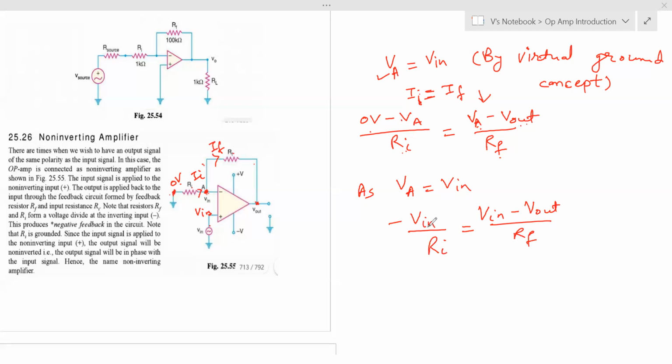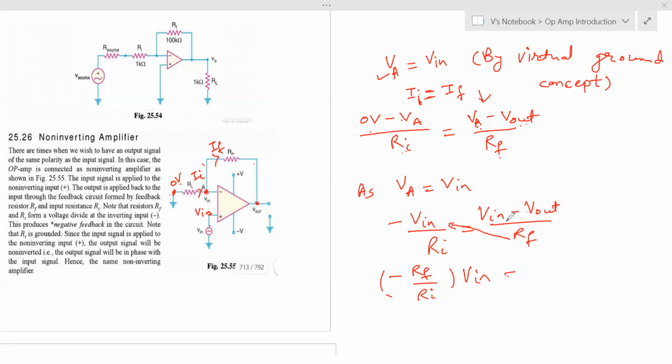We have to bring it together and see what we are getting. So we take this RF to the other side, cross multiplication. What will we get? Minus RF upon Ri into Vin. I have clubbed this minus with this RF upon Ri.